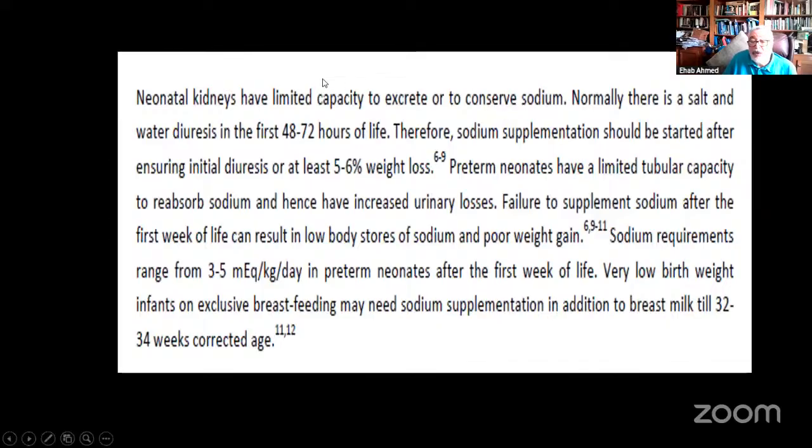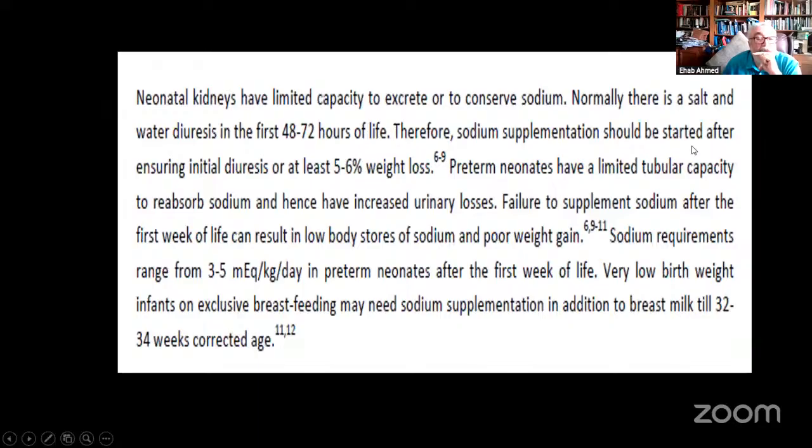So it's both ways. The secretion and the reabsorption of sodium is limited. The range through which the newborn baby can maintain sodium, if it's high or low, is limited. And this is more evident in the preterm baby.